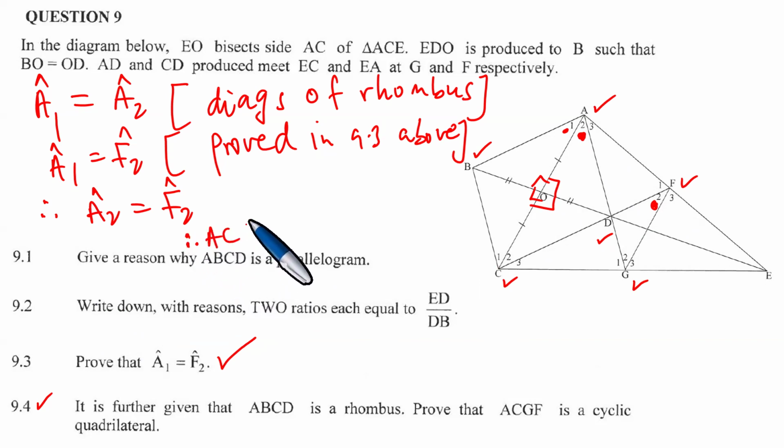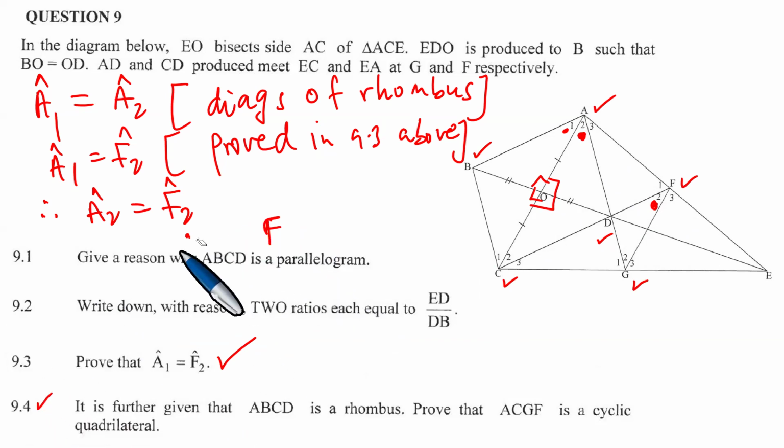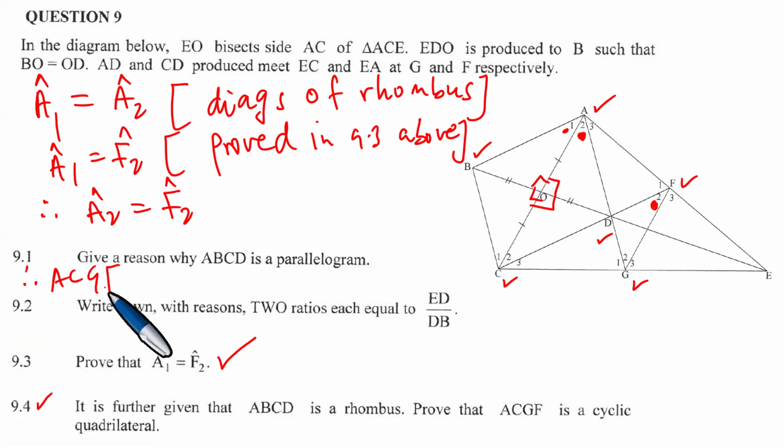Therefore, ACGF. So you can even write the conclusion here. Let's write it here. Just write a G here. Therefore, ACGF is a cyclic quad.